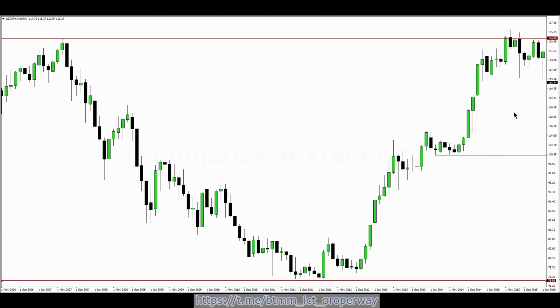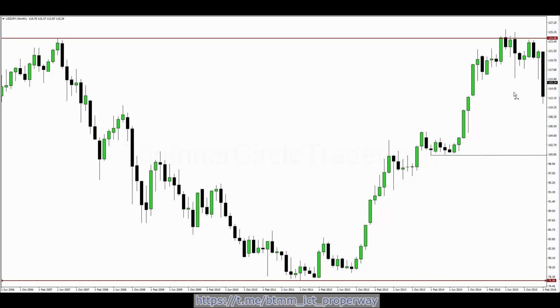Okay, and price starts to drop, trading down. Now, what it's doing is it's pulling back inside of all these up candles. So once we cleared an old high, we would expect some measure of retracement.